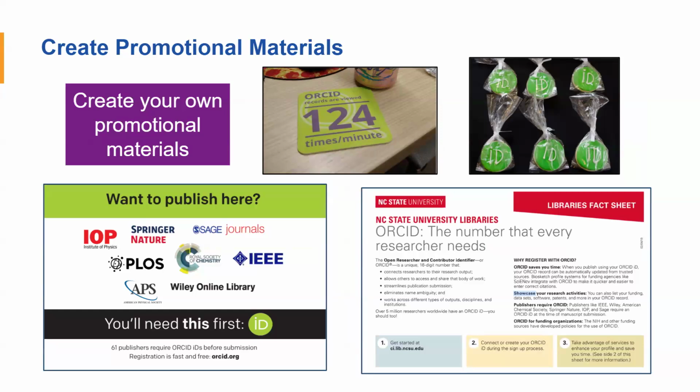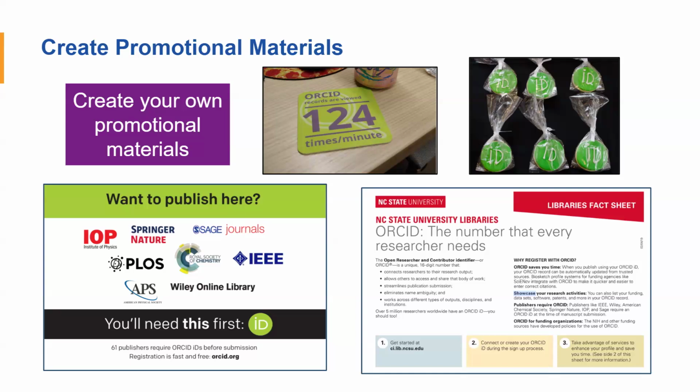So that's a good way to get the message across. We're also seeing a fact sheet from North Carolina State University talking about ORCID and why it's important to have it here. And then if you want something fun, you can create ORCID ID cookies, for example. So that's cute, and I'm sure that's probably tasty. So that's a good way to share with your researchers.